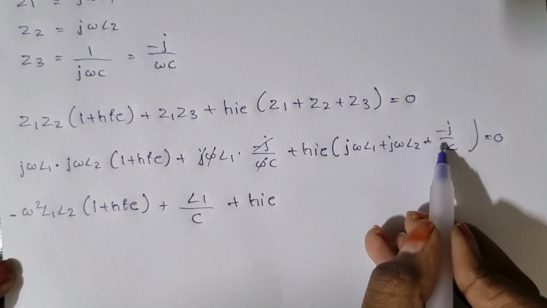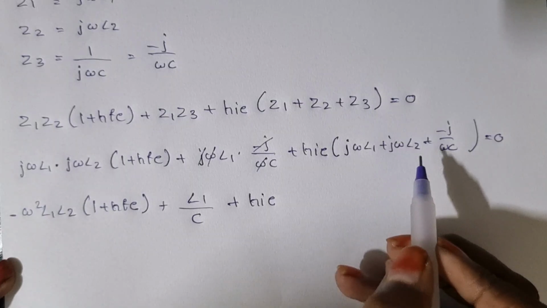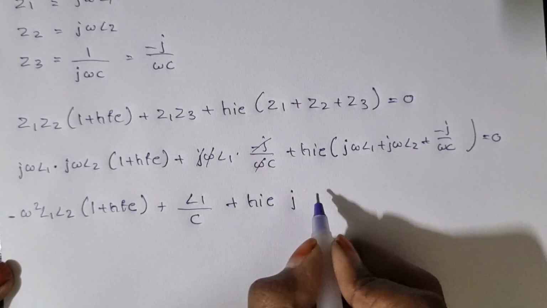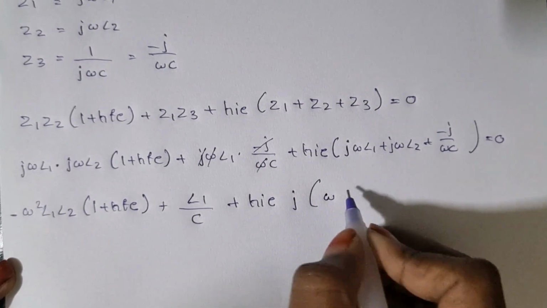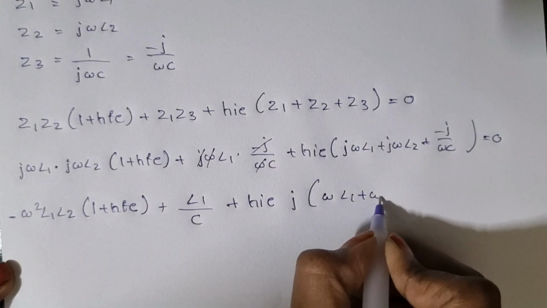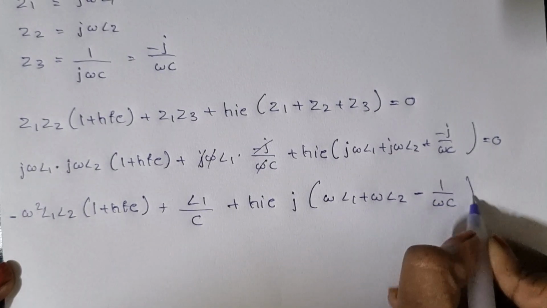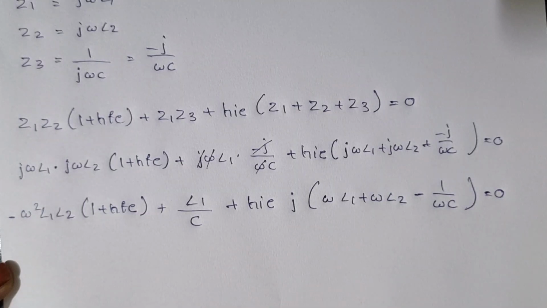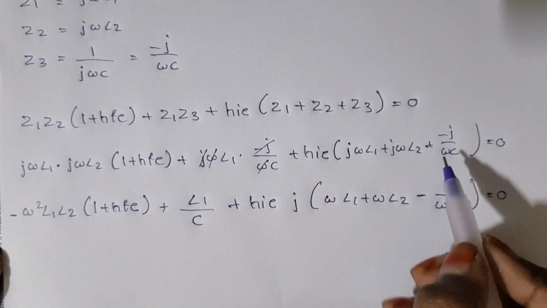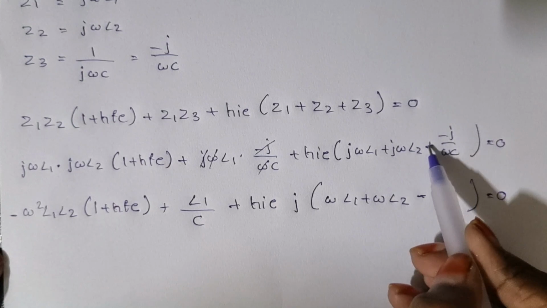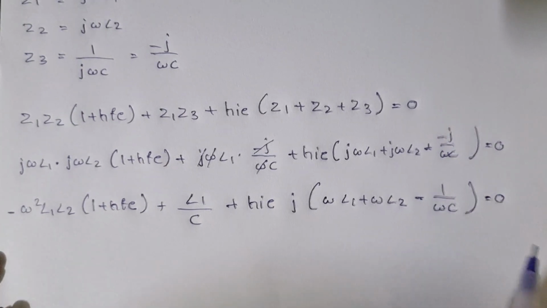Now in these three terms j is common, so we take j as common. So j of (omega L1 plus omega L2 minus 1 by omega C) equals 0. We got minus because plus into minus is minus.